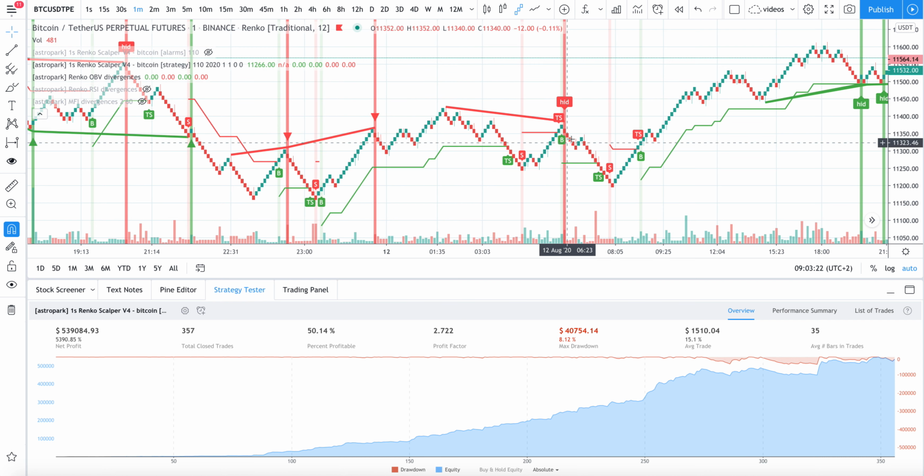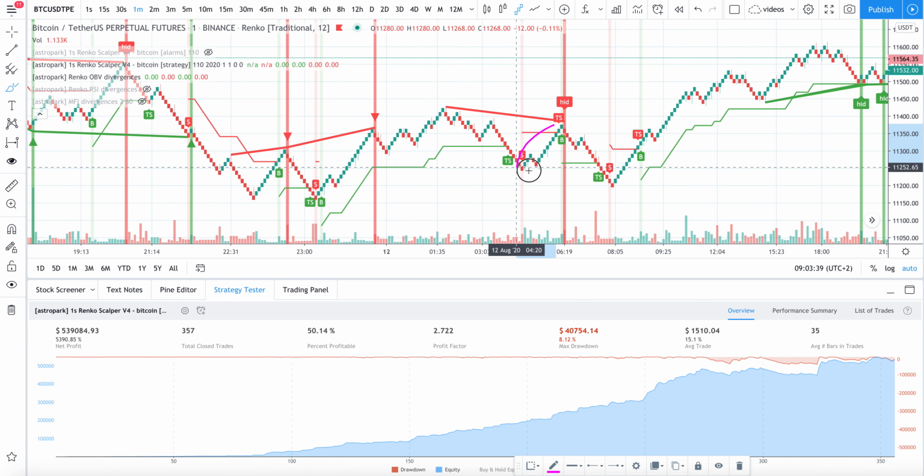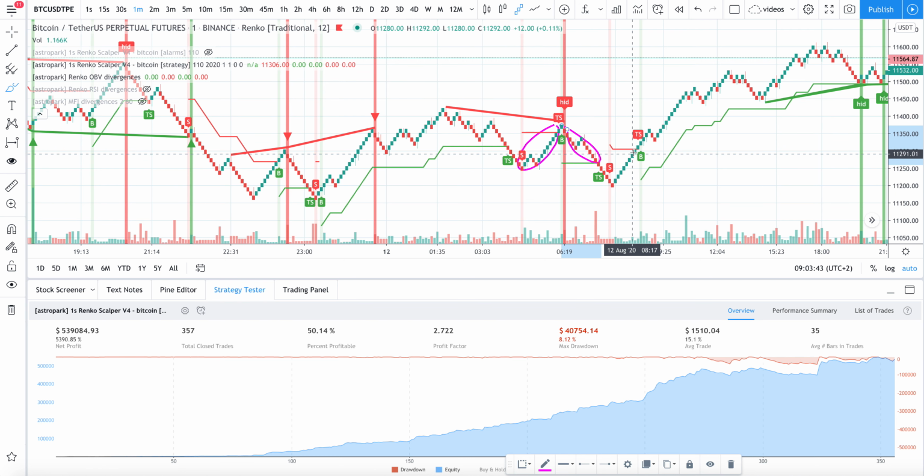Here, hidden bearish divergence, and price went back lower, and here again. So we had here three bad trades: one, two, and three. Here, for example, the Renko on balance volume divergence says you should short instead.